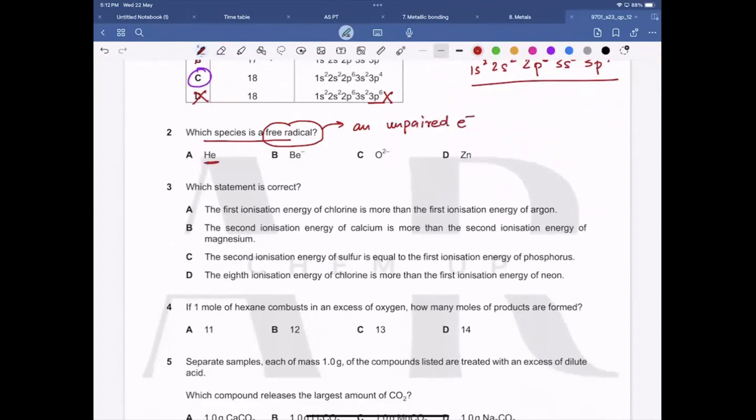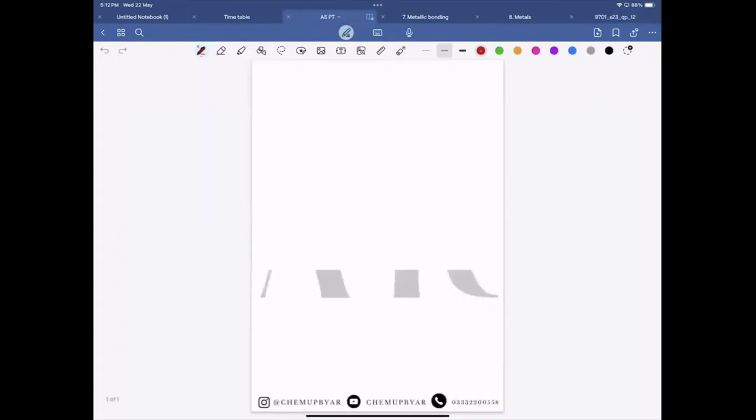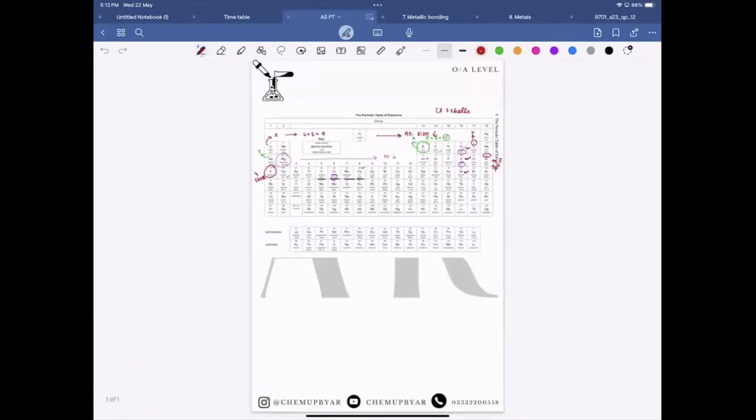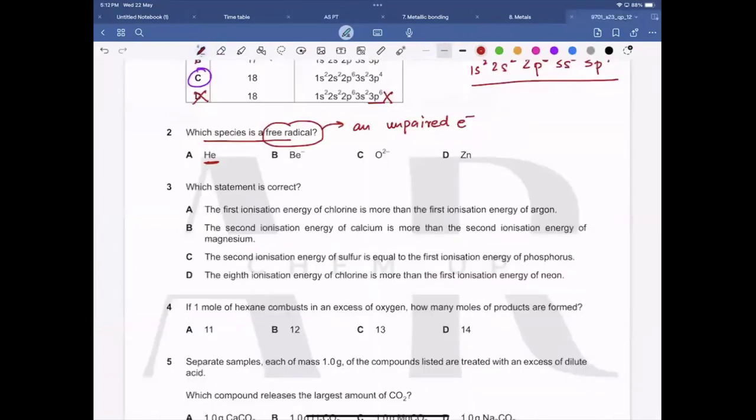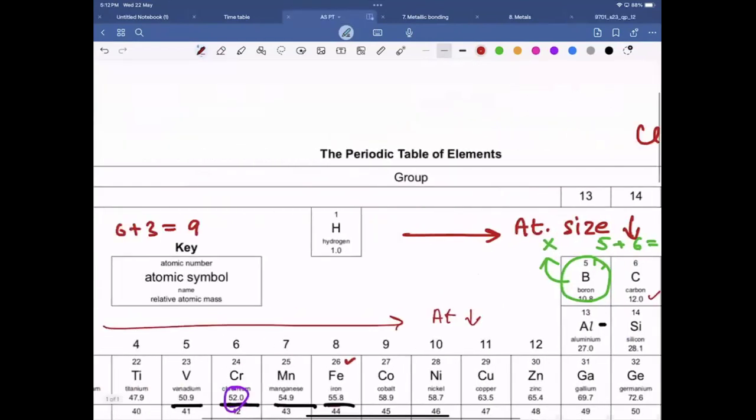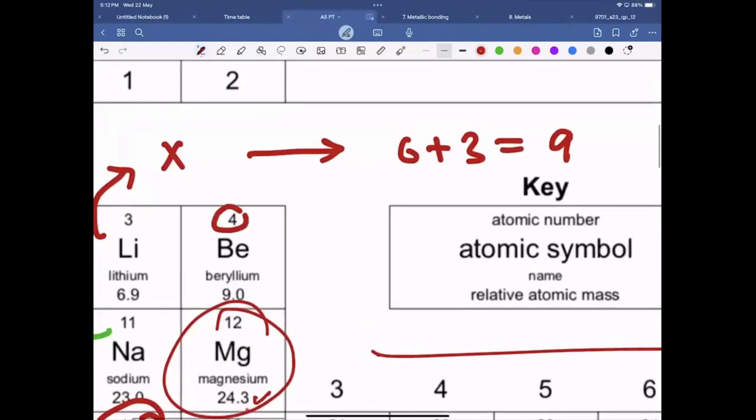If you look at helium in the periodic table, it's 2, which means 2 electrons, which means 1 pair. Now have a look at beryllium. How many electrons does it have? 4 electrons in a beryllium atom.